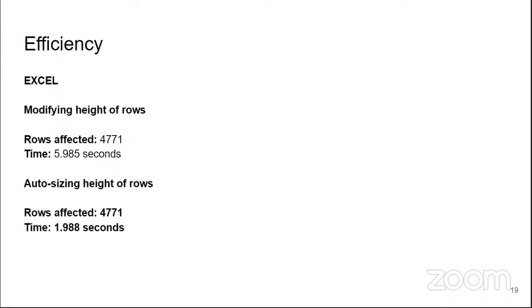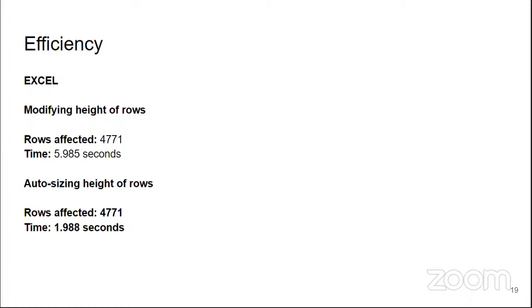Next, we tried to test Excel efficiency. We found out that some formatting functionality is kind of heavy for that library. For example, modifying the height of the rows for Excel, for 4,700 rows, takes about 6 seconds.